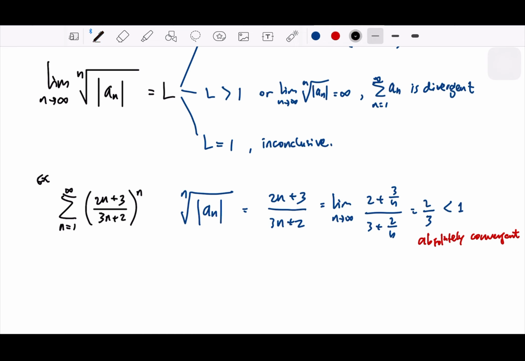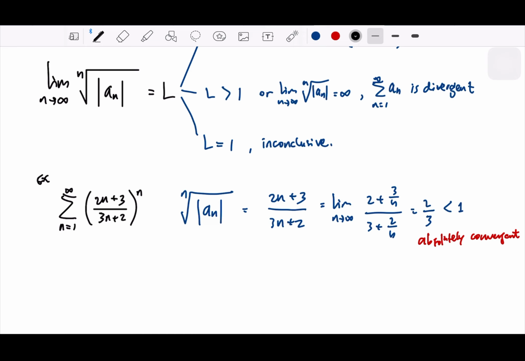Okay, now we have the additional ratio test and root test. From these two examples, we have completed at least several tools, several methods to check our series.